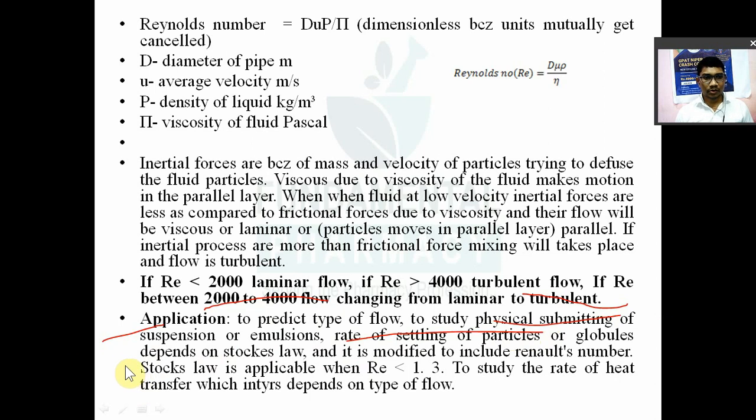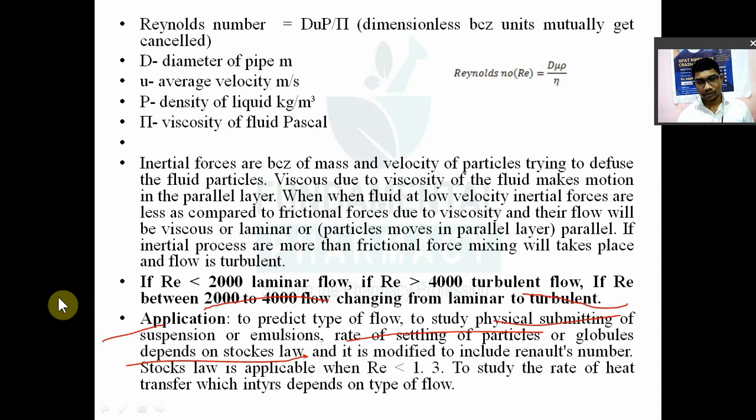So Stokes law is applicable for the rate of settling of particles in the suspension and the rate of settling of globules in the emulsion. It will be modified because the rate of settling depends on the type of flow. Which flow is it? So it is modified with inclusion of Reynolds number. Stokes law had the Reynolds number included, and there was a different condition on top of that.